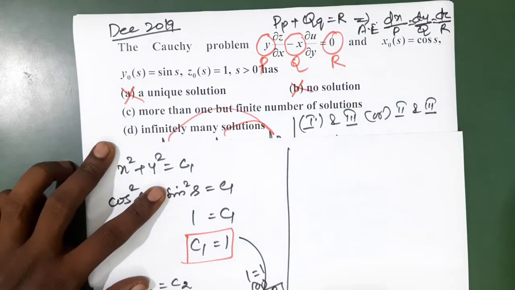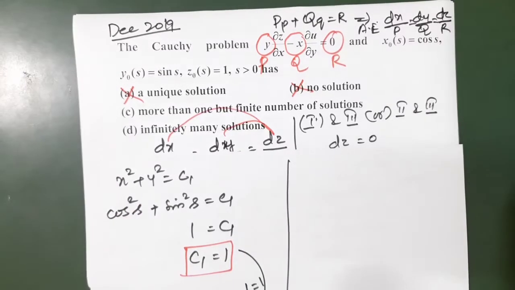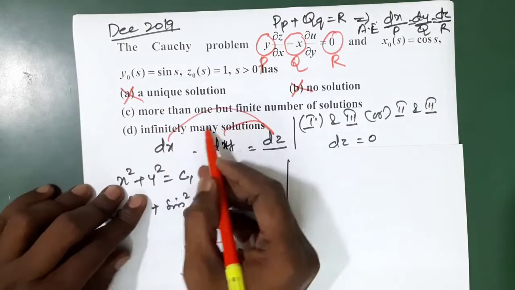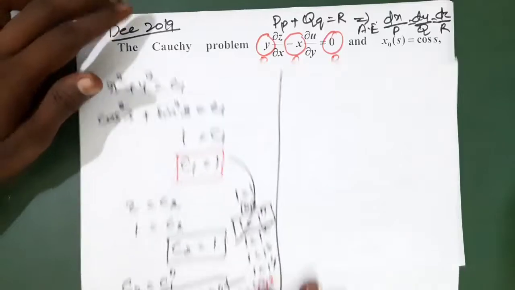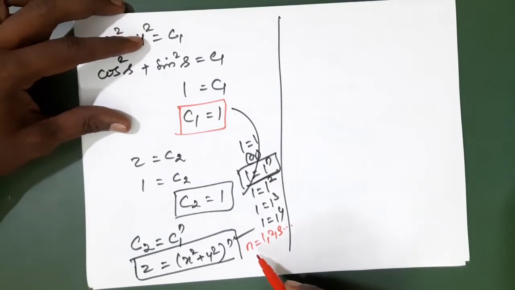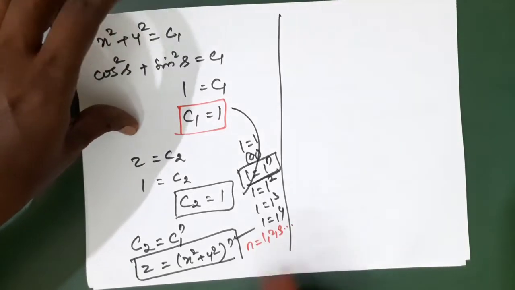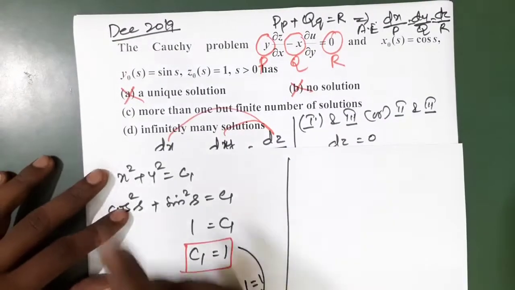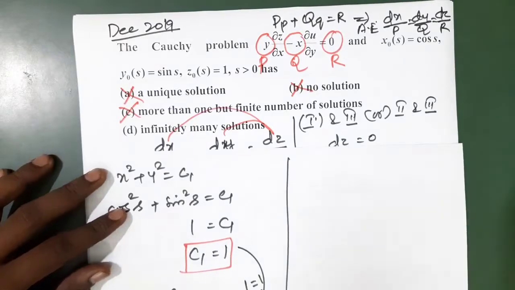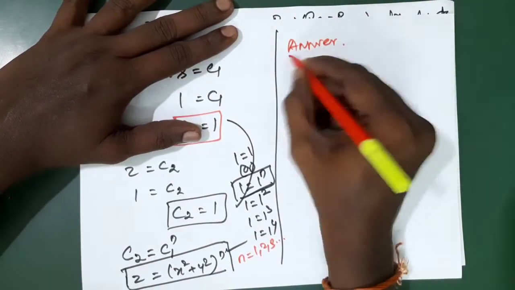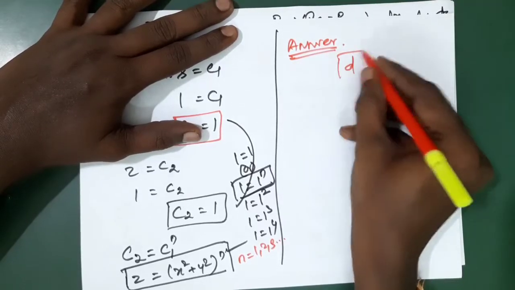But n is equal to 1, 2, 3, etc. So it is not finite. More than 1 is okay, but it is not finite. So this possibility is also ruled out. So therefore the answer is infinitely many solutions. So option D.